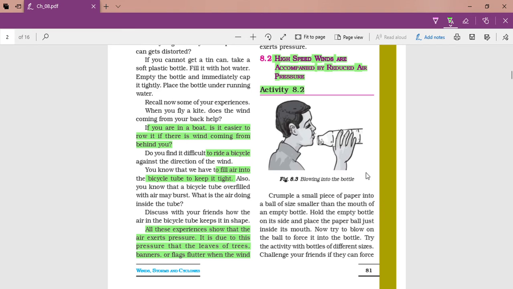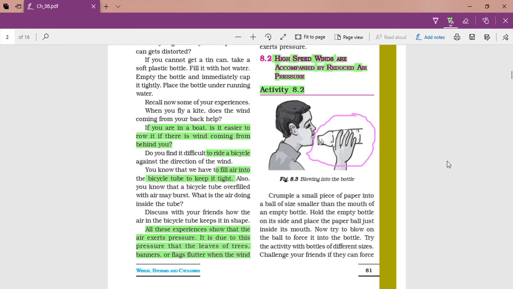Hold the empty bottle on its side and place the paper ball just inside its mouth. Now try to blow on the ball to force it into the bottle. Try the activity with bottles of different size. What will you observe then?